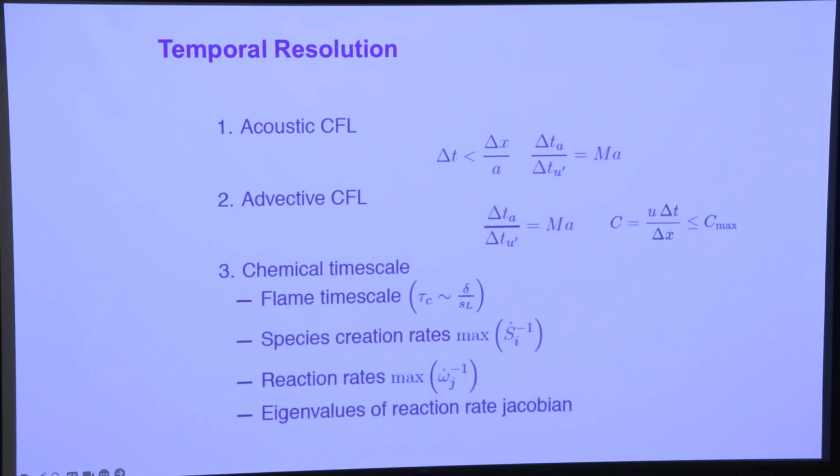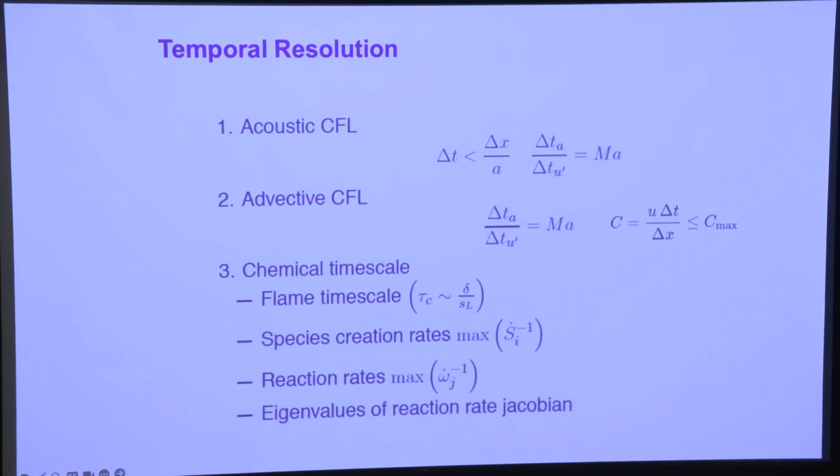Same thing goes if you want to have temporal resolution. In a compressible code, such as S3D, the one I have, you have to resolve sound waves in an explicit method. And so you have to solve for the acoustic CFL, where the time step is determined by the ratio of the grid size to the sound speed, a.